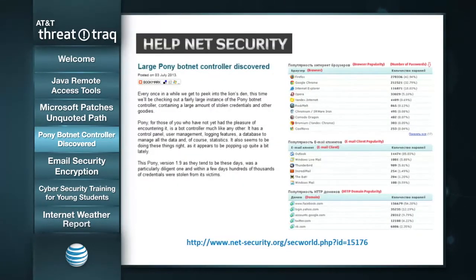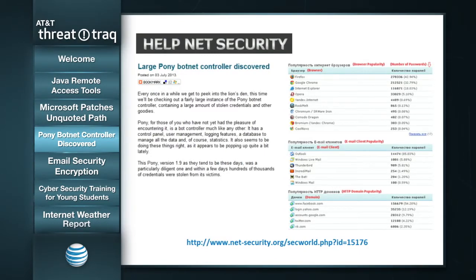This one apparently is a password stealer of some sort. I don't know a lot of details about the actual botnet, but what was interesting is they posted some statistics about the information stored on this pony. I think the graphics they posted were actually reporting tools that the botnet controller provided.